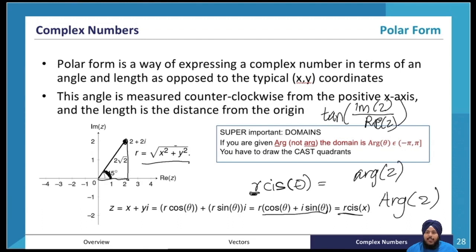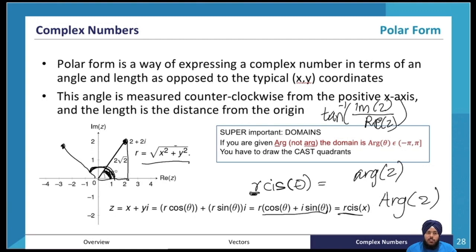When you do tan inverse of imaginary over real, you're just going to find the angle in the first quadrant, when the imaginary and real numbers are both positive. But what about if it's over here? Will it still be 45 degrees? No, it won't, because now the angle is much greater.